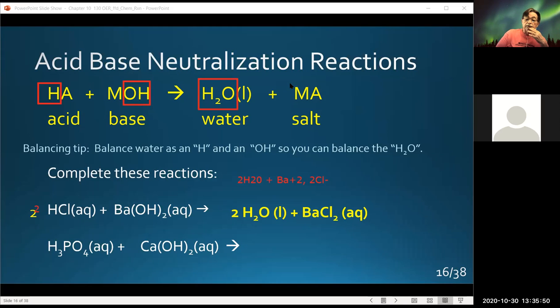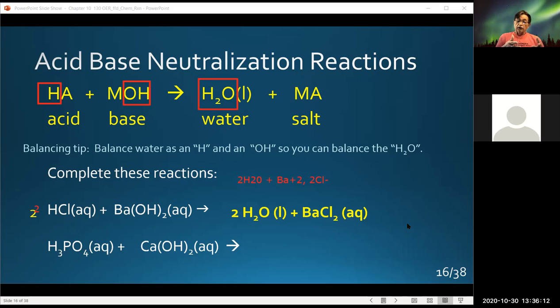Exactly, Rebecca answered it. The solubility rules, because I can find the solubility rules of barium chloride. I'll find that all the halides are soluble, with the exception of a few, and barium's not one of them. So it would be aqueous.